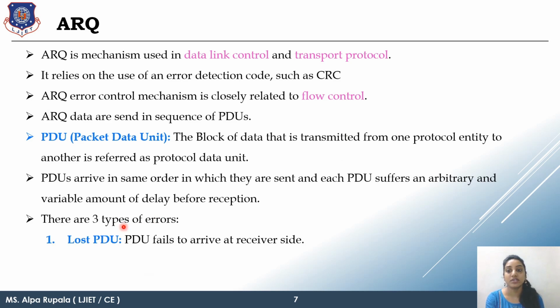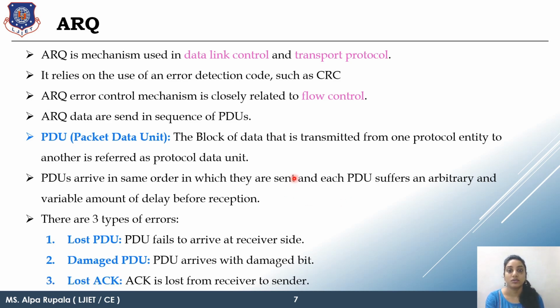There are basically three types of error that can occur. The first one is lost PDU, which means the receiver fails to receive the PDU. The second one is damaged PDU: the receiver gets the PDU, but the data bits in that PDU are corrupted. And the third one, you already know about the handshaking mechanism.